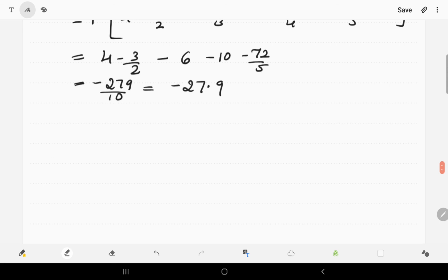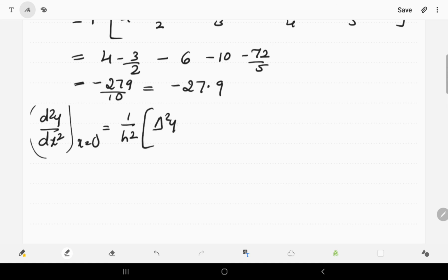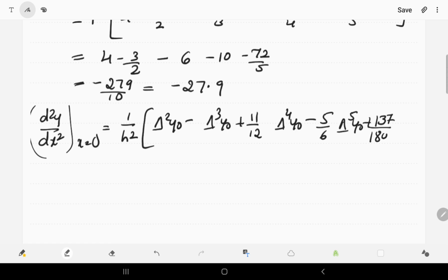Okay, similarly d square y by dx square at x equals 0 is equal to 1 by h square into delta square y naught minus delta cube y naught plus 11 by 12 delta raised to 4 y naught minus 5 by 6 delta raised to 5 y naught plus 137 by 180 delta raised to 6 y naught.